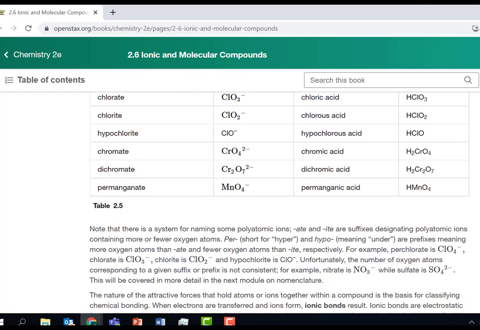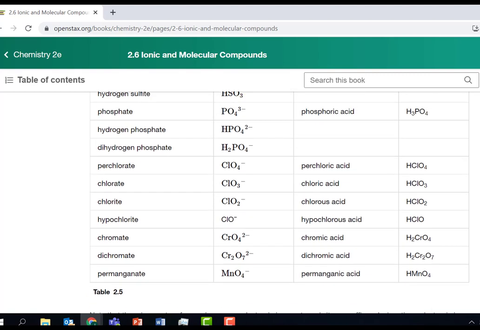One of the trends is between when we have the ATE ending and the ITE ending. And it turns out the trend is not always the same. For example, chlorate has 3 oxygens, and phosphate has 4 oxygens. So it's not exactly that each time you have this ending, you have this many oxygens, and the charge is also different.